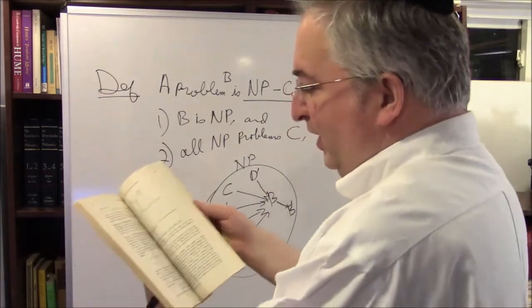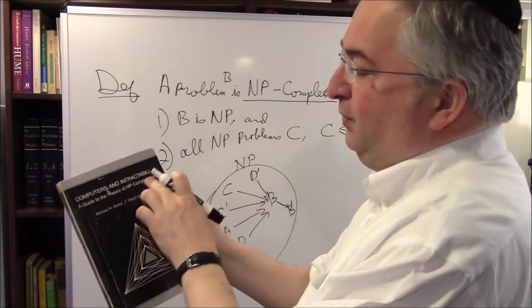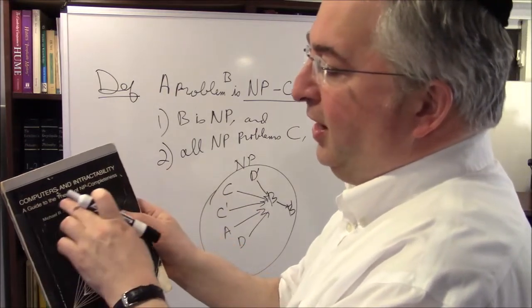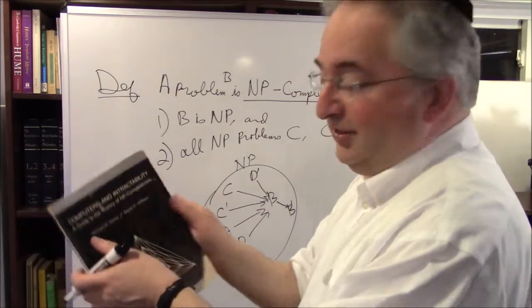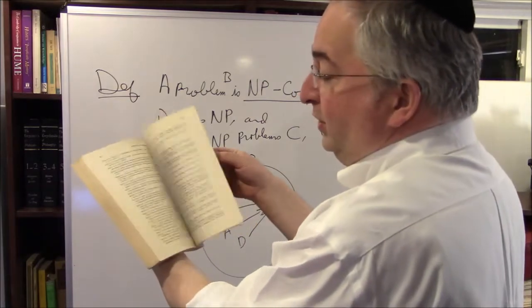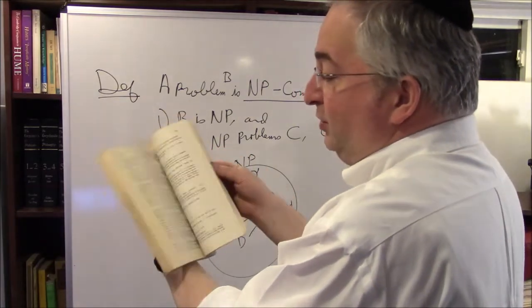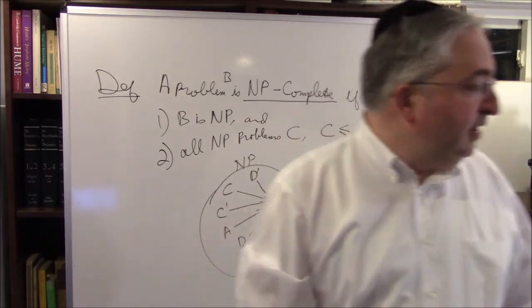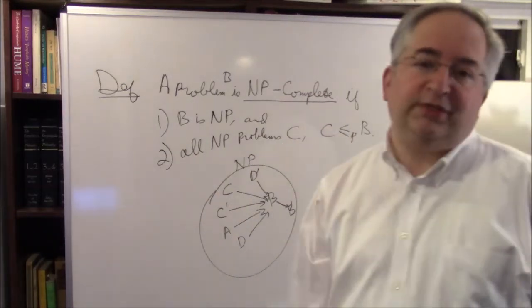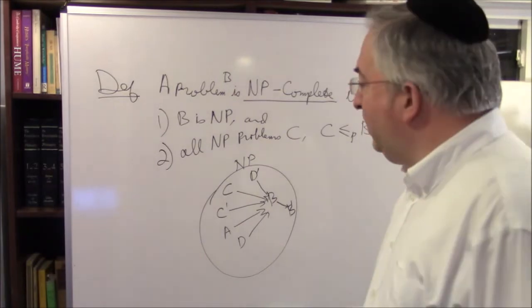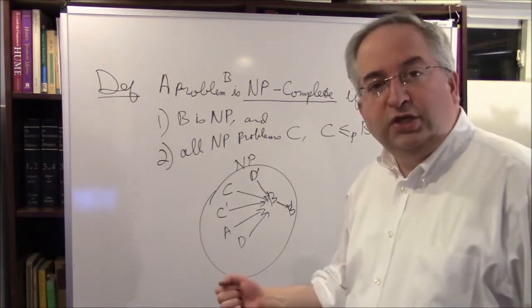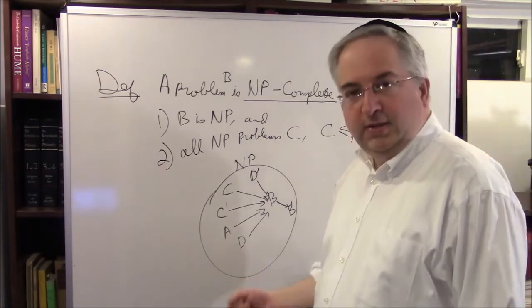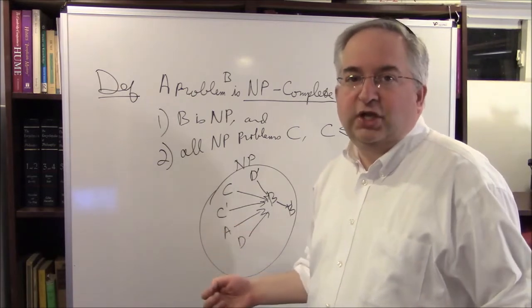It's called Computers and Intractability: A Guide to the Theory of NP Completeness. It has literally hundreds of problems that are NP complete. I only showed you 5 of them. So how are we going to show that there's one problem that anything could change into?